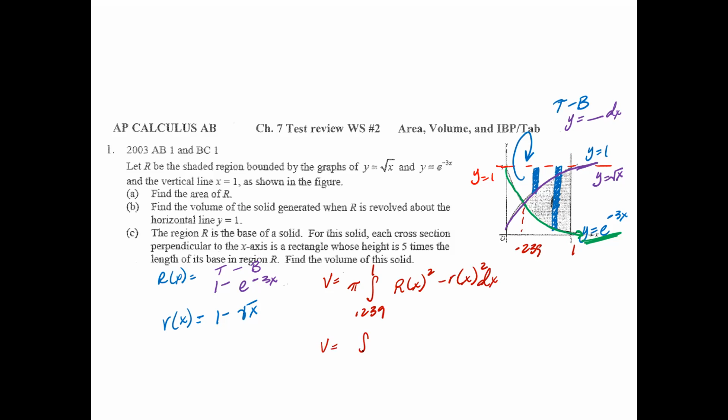So let's plug this in. 0.239 to 1 of r of x squared is just 1 minus e to the negative 3x, squared, minus 1 minus square root of x, squared, dx.